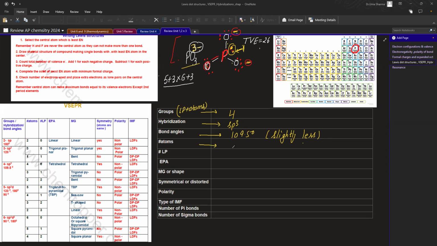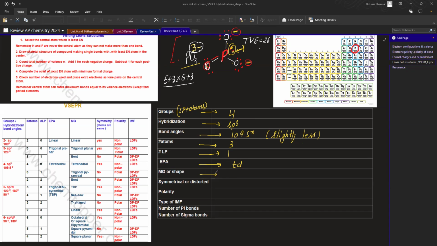How many atoms on P? 3. How many lone pairs on P? 1. What's the electron pair arrangement? Okay, Kiki, you can go. What's the electron pair arrangement? It's tetrahedral.